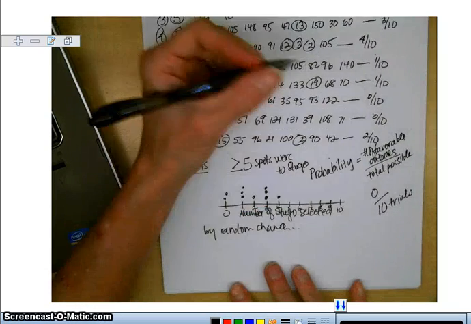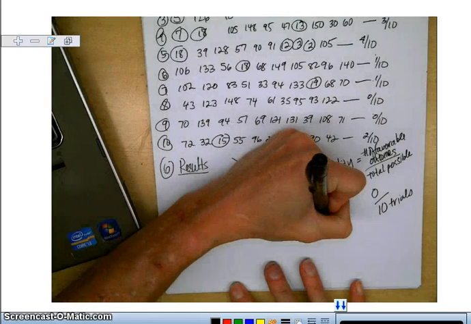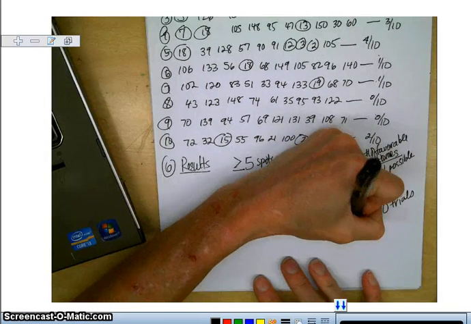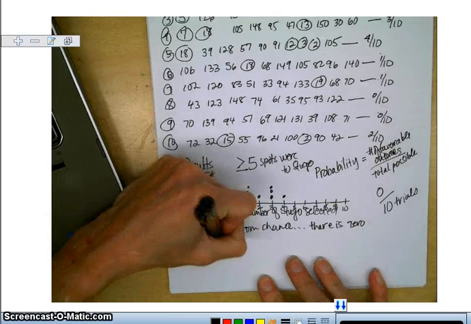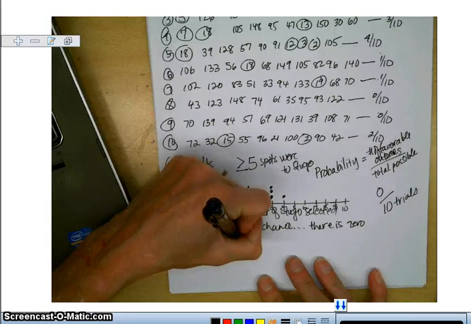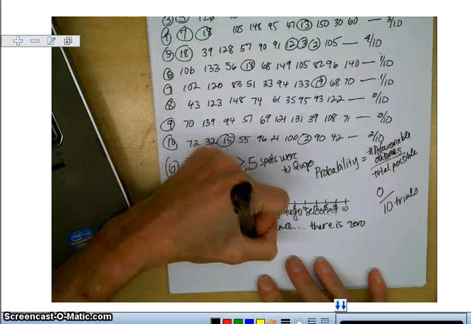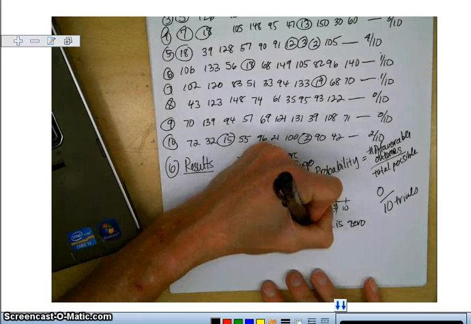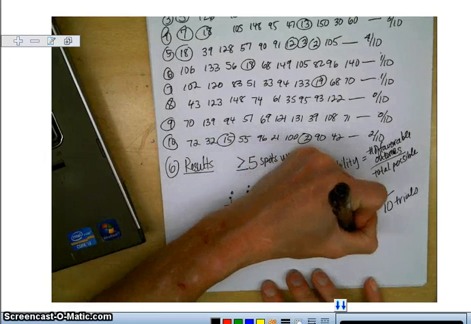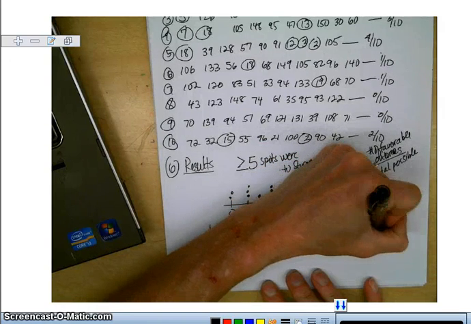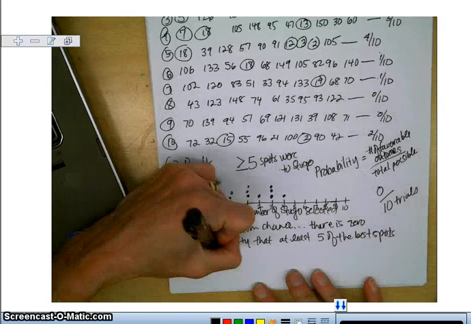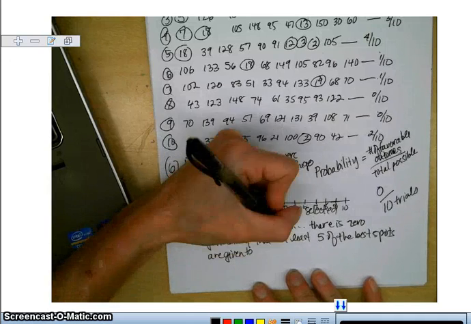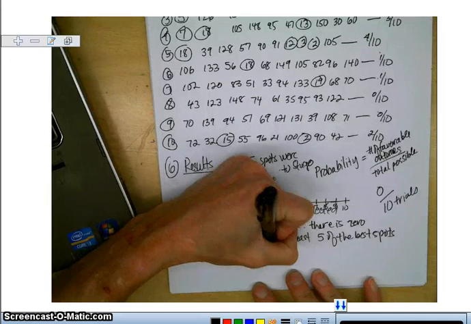So by random chance, there is 0 probability that at least 5 of the best spots are given to Stugo members.